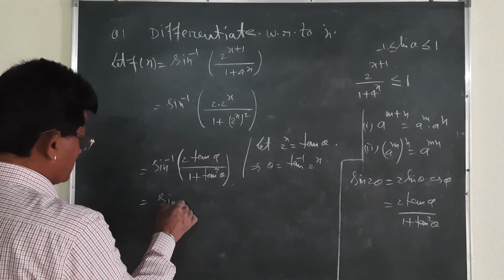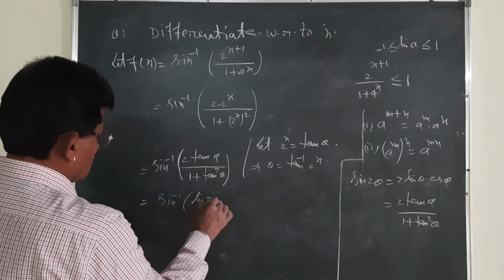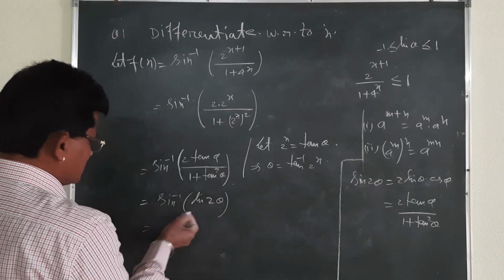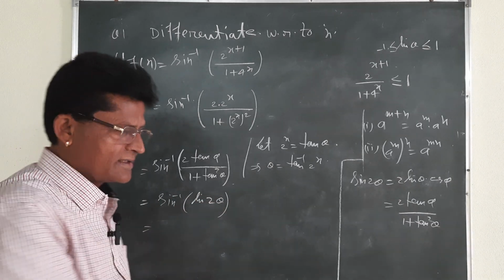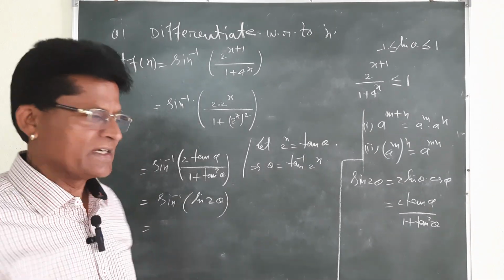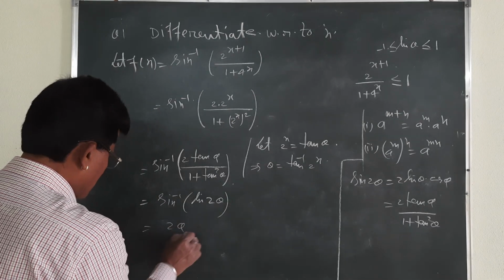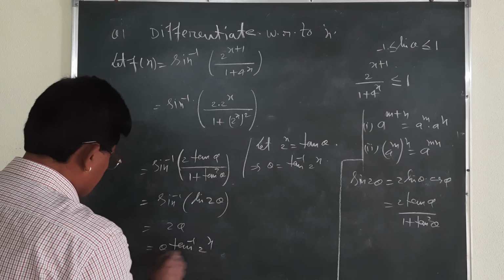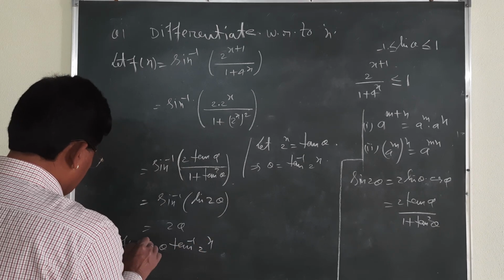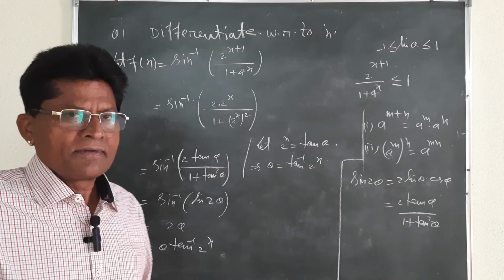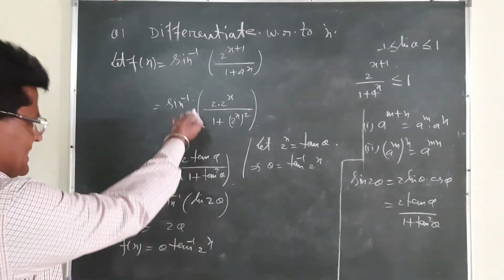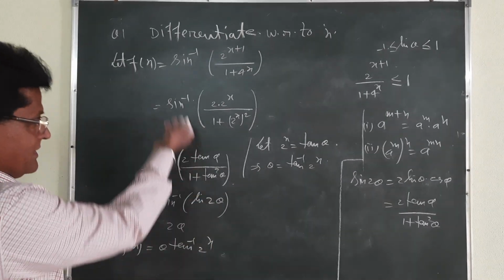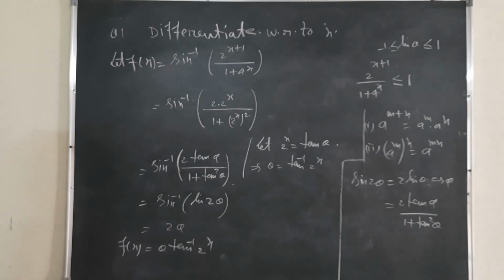Sine inverse sin 2 theta, same thing as I discussed in the inverse trigonometrical function, it will be 2 theta. And theta is equal to tan inverse 2 to the power x. My dear student, you got the simplest form. It is the solution in inverse trigonometrical function.